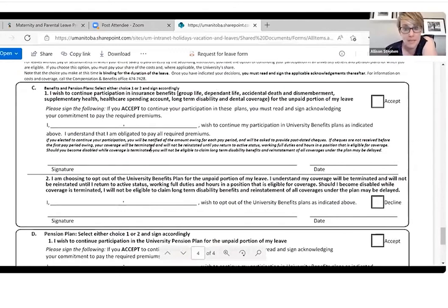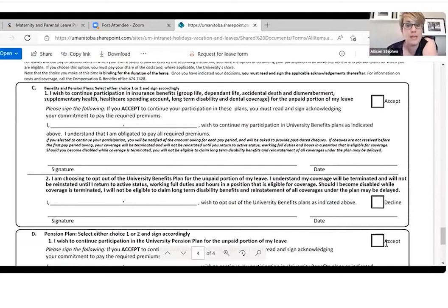Now, if you're taking maternity leave Plan B, these benefits and pension continue as is. Same with the first 18 weeks of parental leave, but then the remaining approximately 4 months, if you're going on a 1-year leave, you would have to decide for that 4 months, are you going to continue your benefits and pension or not?